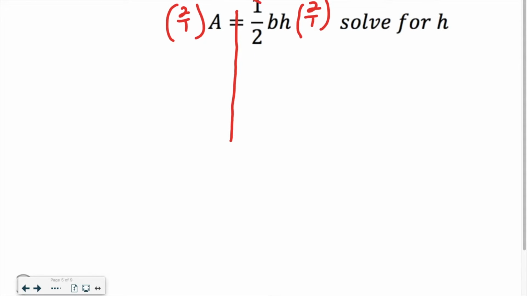And then these cross cancel, leaving you with bh on the right, and 2 times A is just 2A on the left-hand side. Then we want to get h by itself, so we are going to get rid of the b by dividing, because right now it's multiplying with h. So your final answer would be 2A over b equals h.